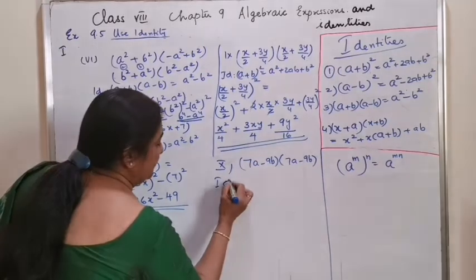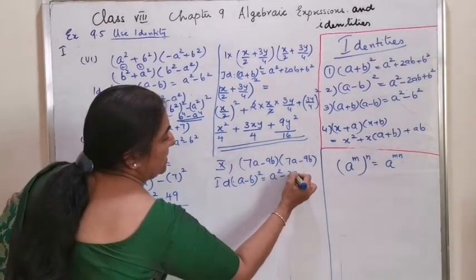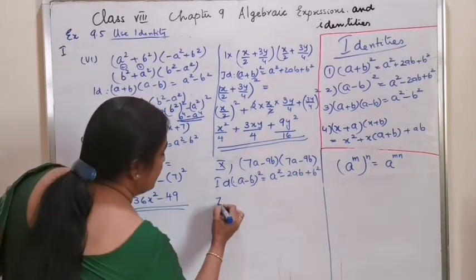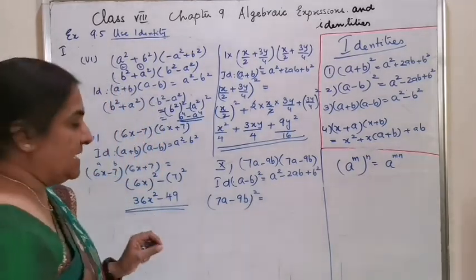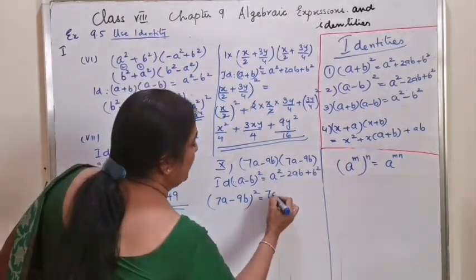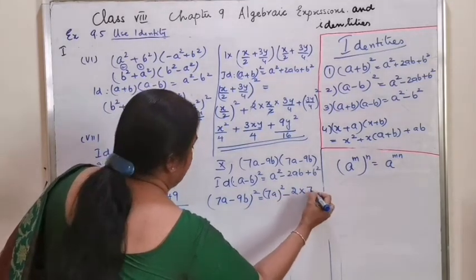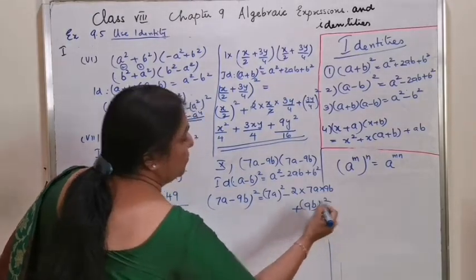Identity again, (a minus b) the whole square is equal to a square minus 2ab plus b square. That is (7a minus 9b) the whole square can be arranged as (7a) the whole square minus 2 into 7a into 9b plus (9b) the whole square.